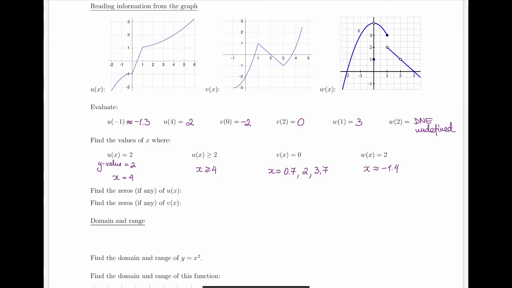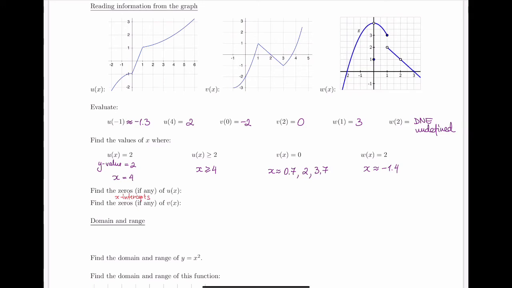Excellent. Let's see what the next question is asking. Find the zeros of u of x and find the zeros of v of x. Remember that zeros are also what we call x-intercepts or roots of the function. So this question is simply asking about the x-intercepts of those two functions.